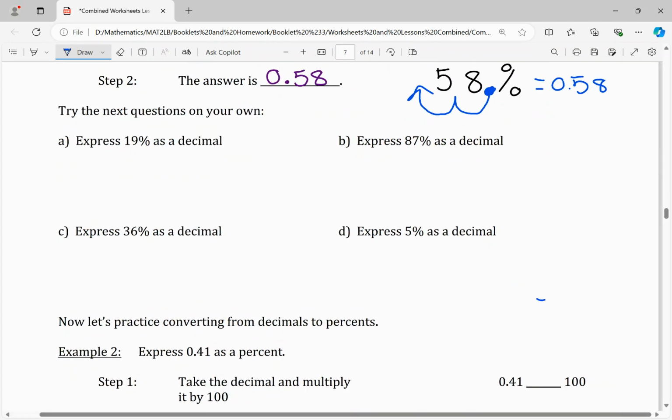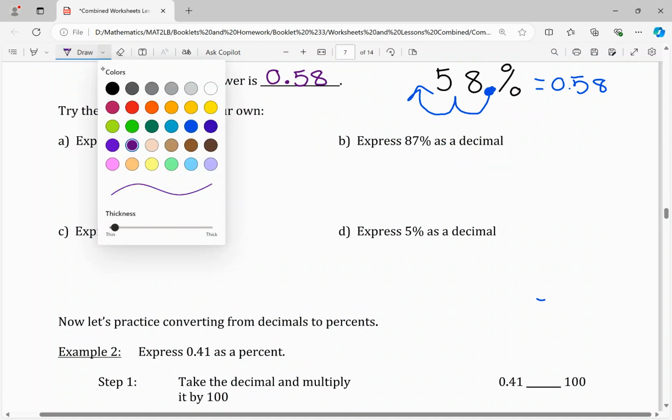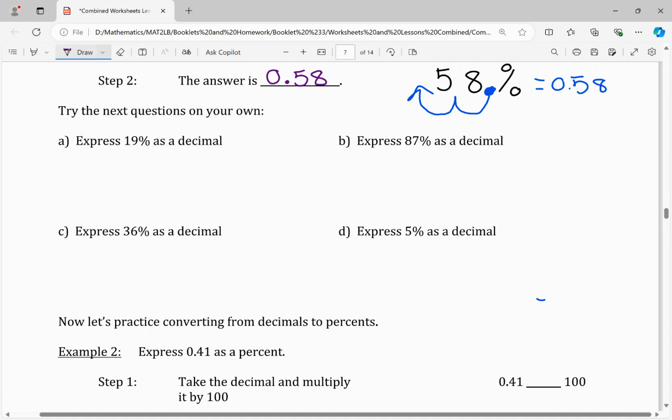So these next few questions. Express 19% as a decimal. Well, 19% is equal to 19 over 100. Plug this into a calculator and you get 0.19. 87% is equal to 87 over 100.